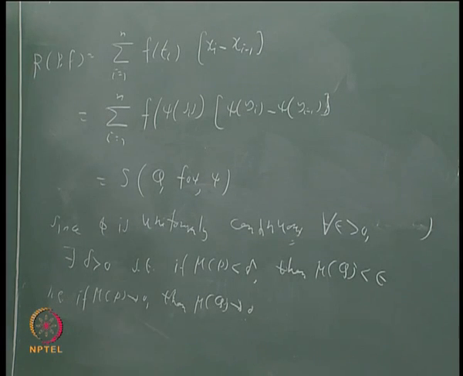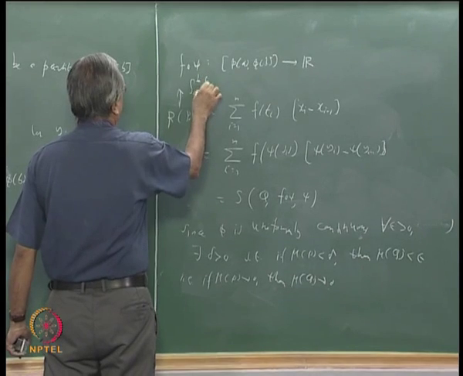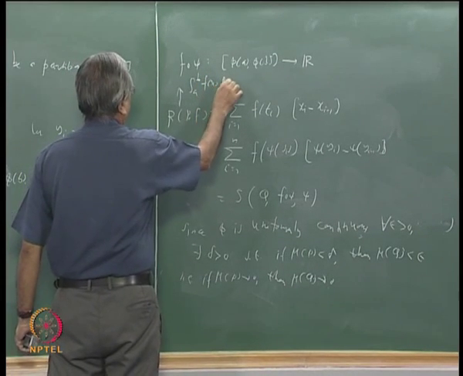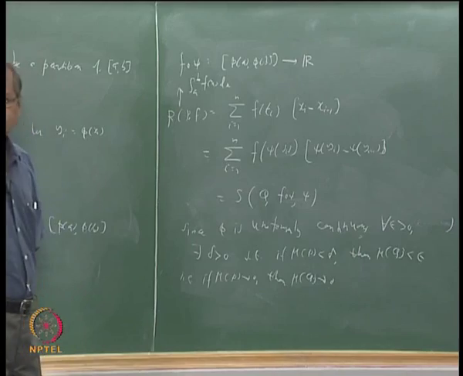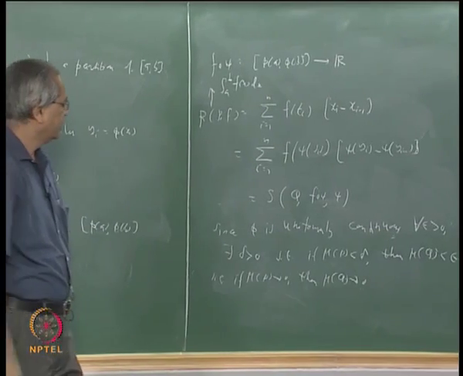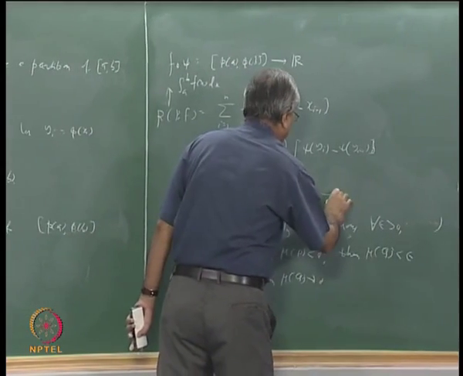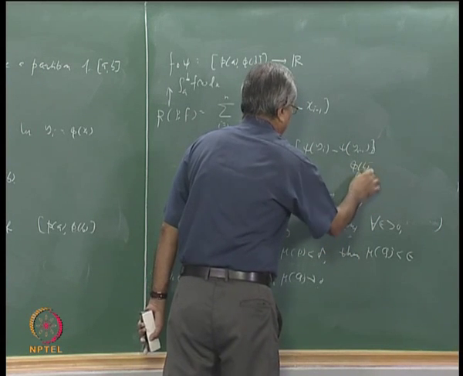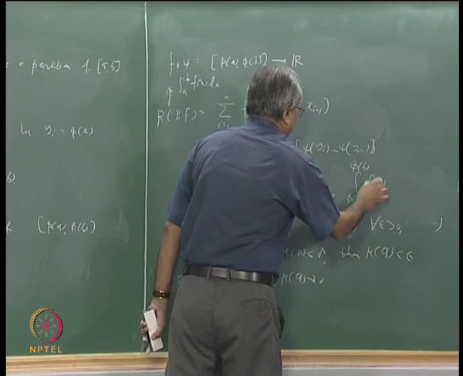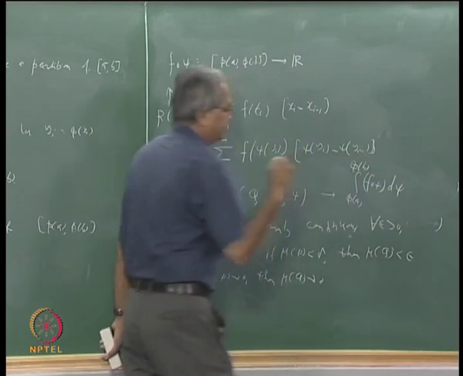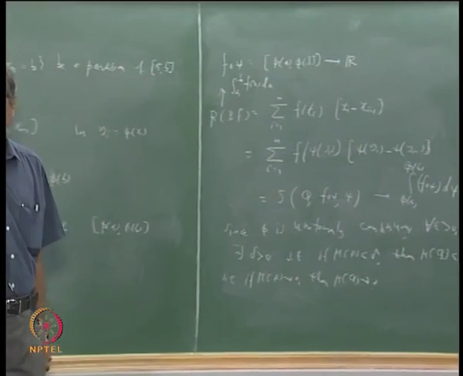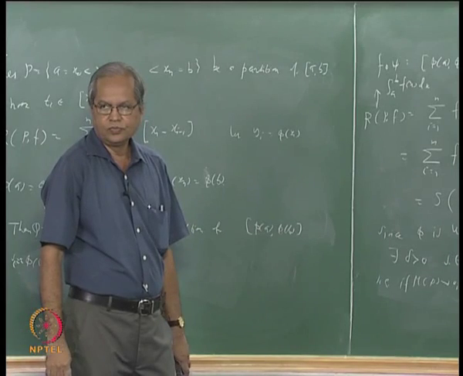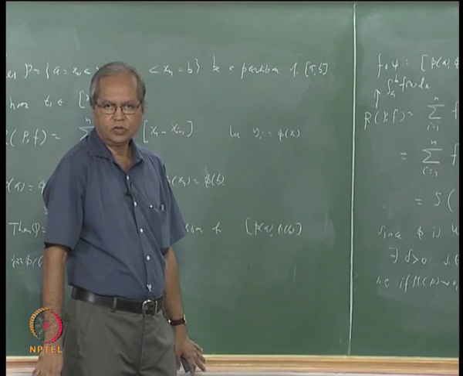This will tend to the integral from a to b of f(x) dx, and this will tend to the integral from phi(a) to phi(b) of f composed with psi d psi.